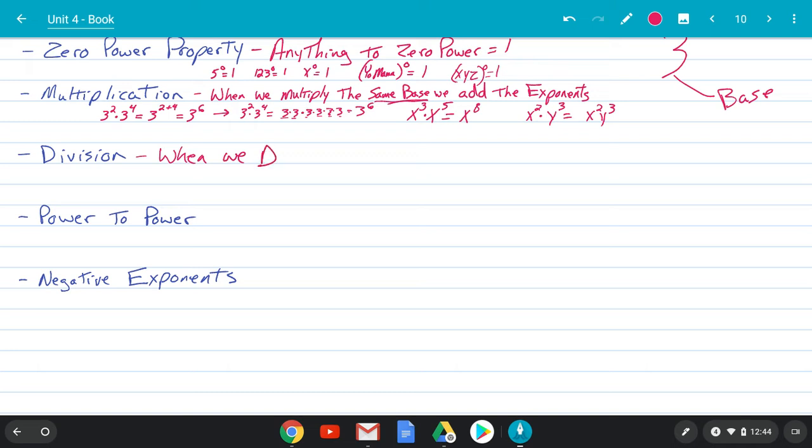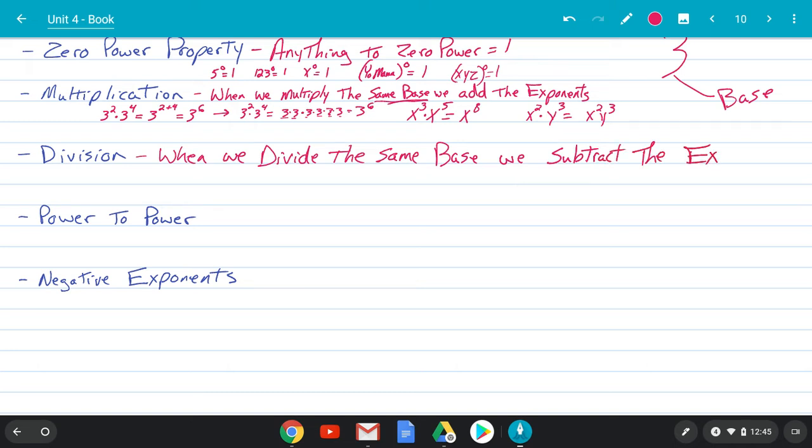When we divide the same base, we subtract the exponents.